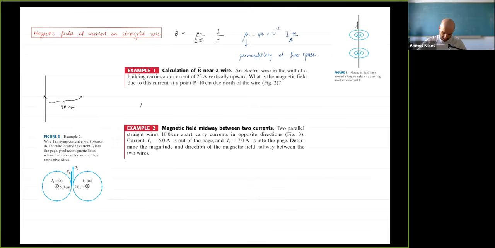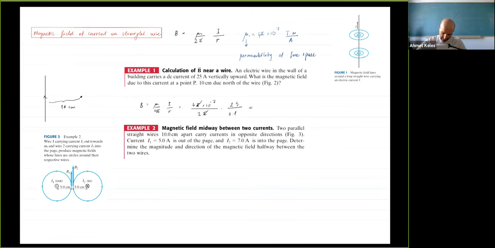So let's get this. B is equal to mu0 over 2 pi times I over r. So this is 4 pi times 10 to the minus 7 divided by 2 pi times I, which is 25 ampere, divided by 10 centimeter, which is 0.1 meters.